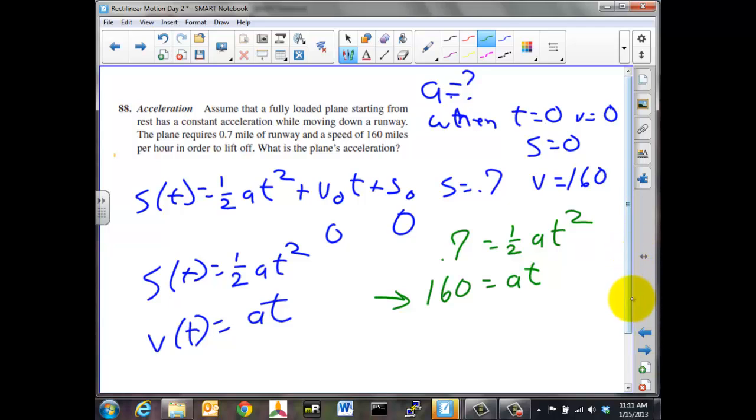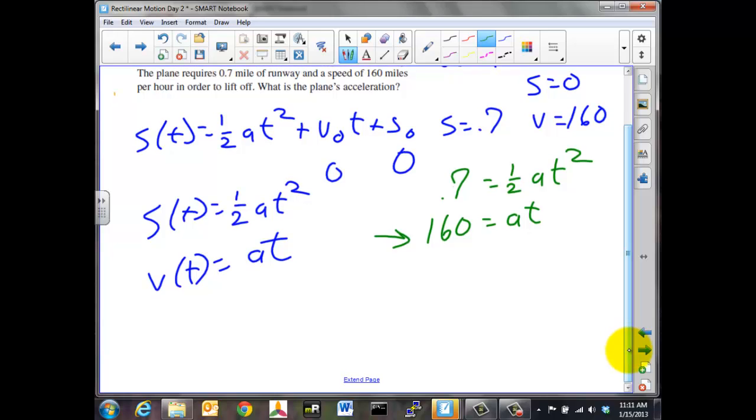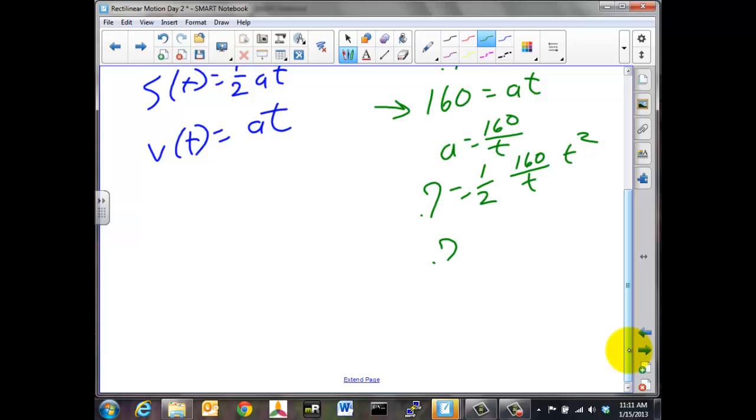Which one do you want to solve for, A or T? A. So A is 160 over T. So we've got 0.7 equals 1/2 times 160 over T times T squared, which becomes 0.7 equals 80 T. Are we comfortable with that?